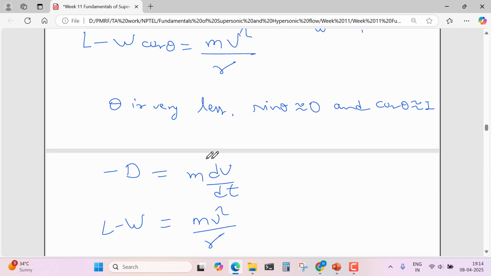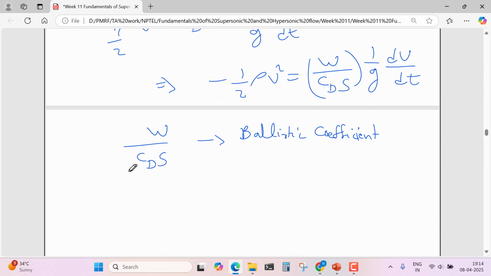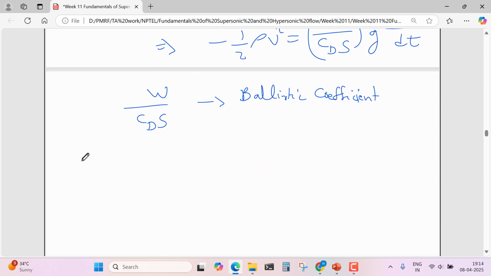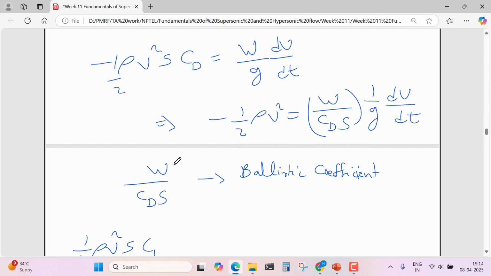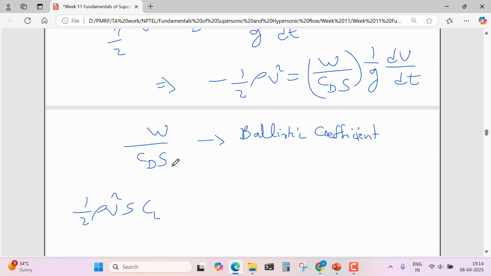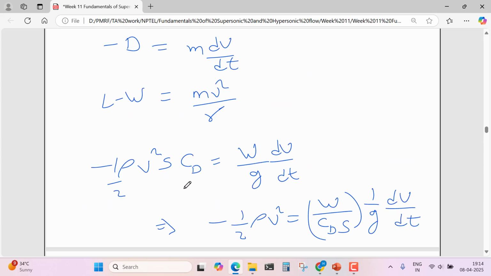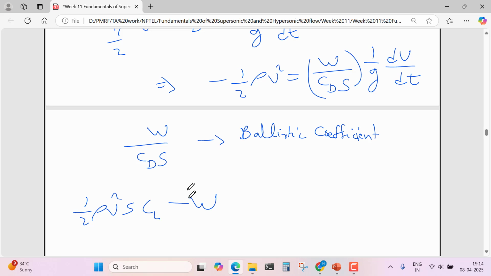Similarly, in L minus W equal to m V square upon R, L can be written as half rho V square S CL, minus W equal to W by g V square upon R. Similarly, we can divide it by S CL.